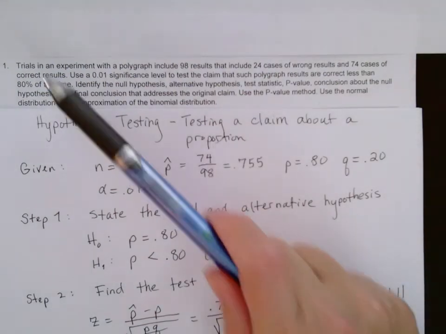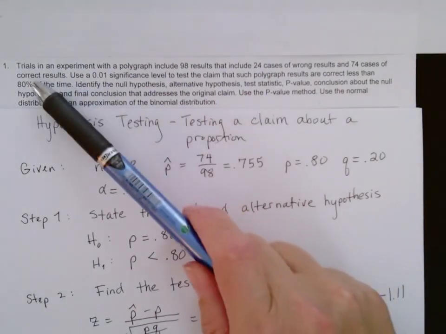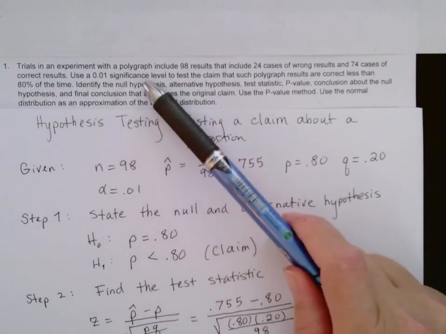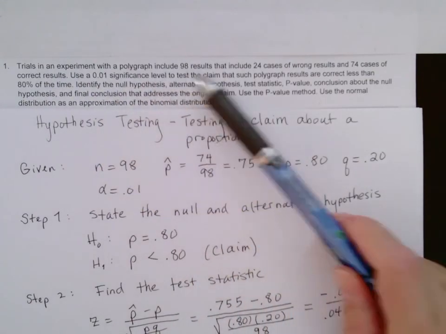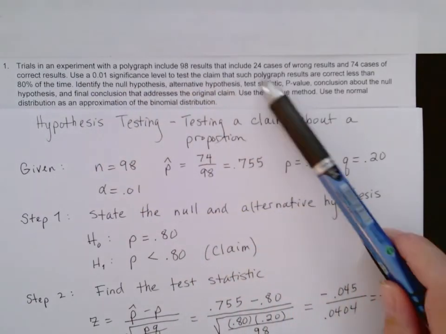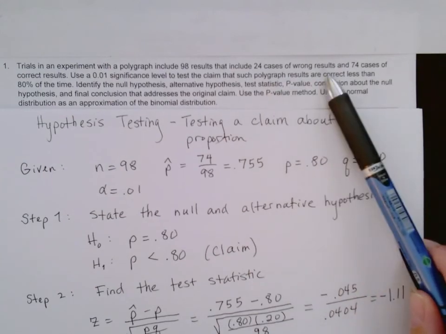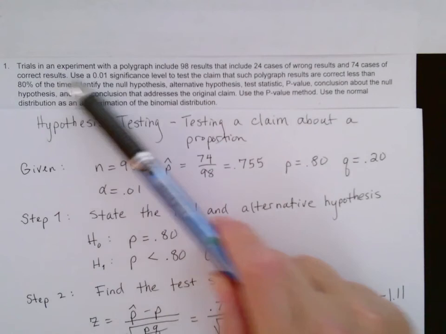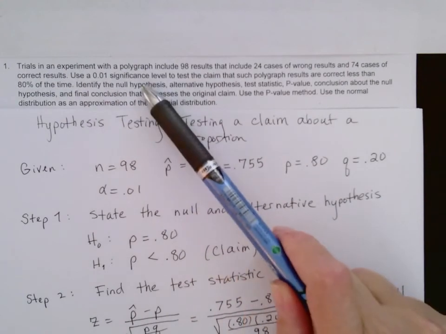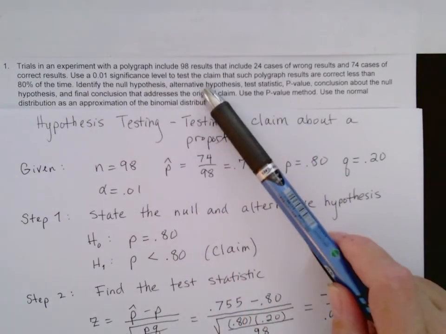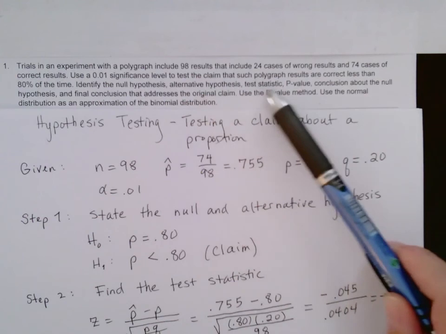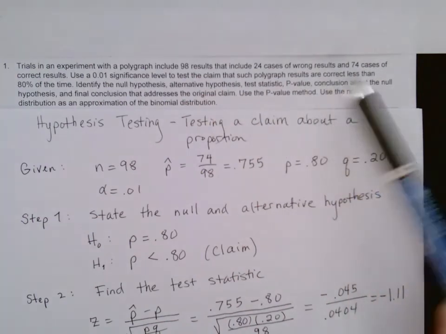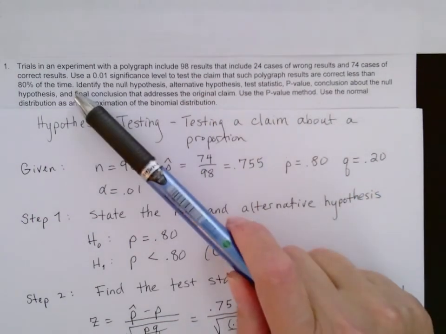Let's read the question together. It says trials in an experiment with a polygraph include 98 results that include 24 cases of wrong results and 74 cases of correct results. Use a 0.01 significance level to test the claim that such polygraph results are correct less than 80% of the time.